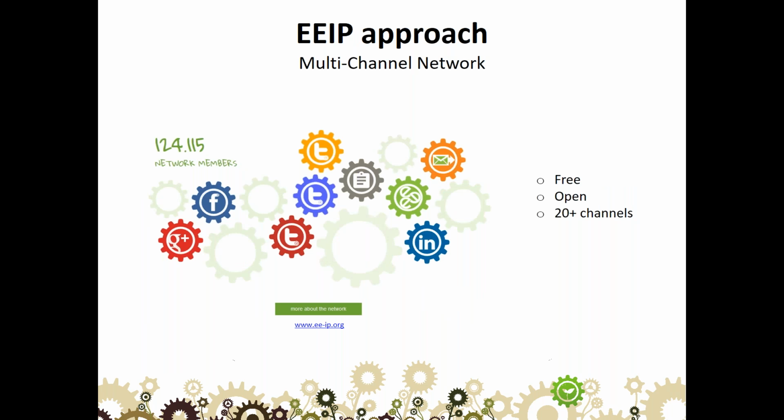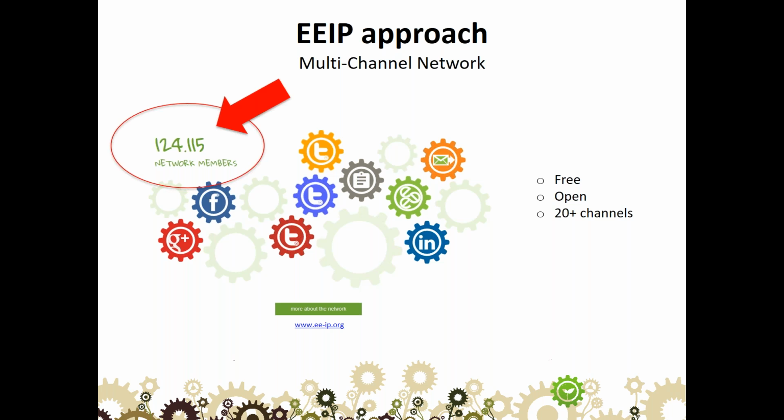EEIP is a multi-channel network, and it works like a mosaic. Every channel of EEIP represents one piece, and all together then forms a network. And that delivers a convenience factor, because it means that everyone can connect the way they like. Connect on social media, via website, newsletters, mailing services, or even by print magazines or events.